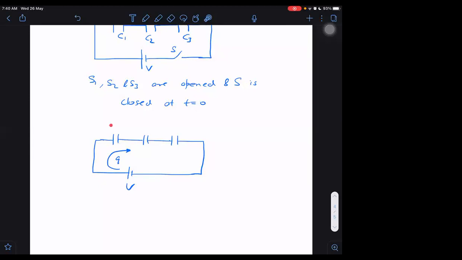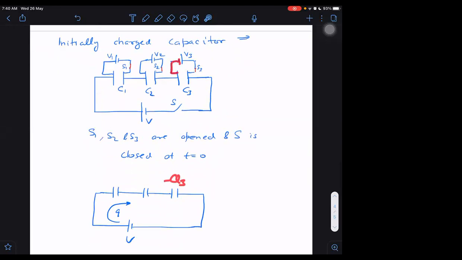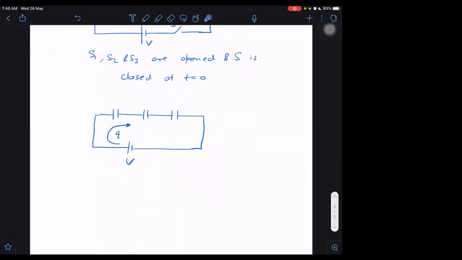So if it was having some charge Q1 initially, its new charge is Q1 plus Q. If it was having Q2, now it is Q2 plus Q. It was having minus Q3, because in this case the negative terminal is connected this side. So this plate was having minus Q3 charge, and now the charge becomes minus Q3 plus Q after Q charge gets supplied.